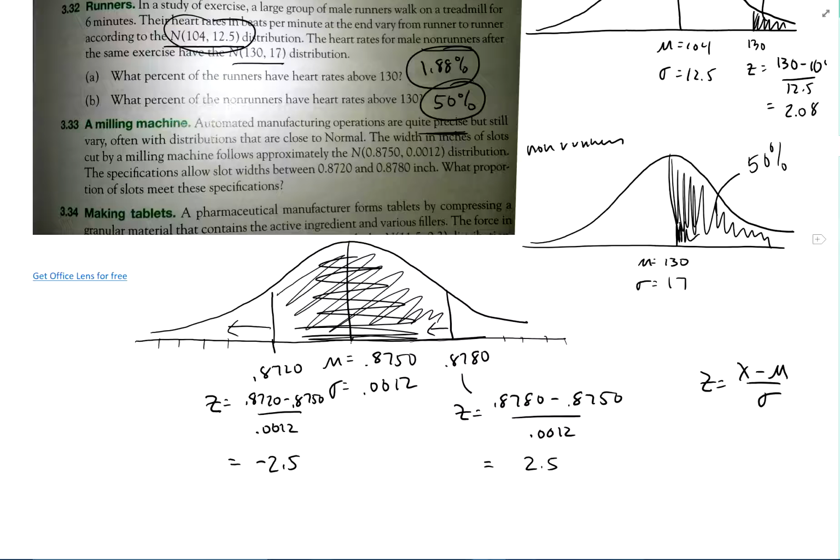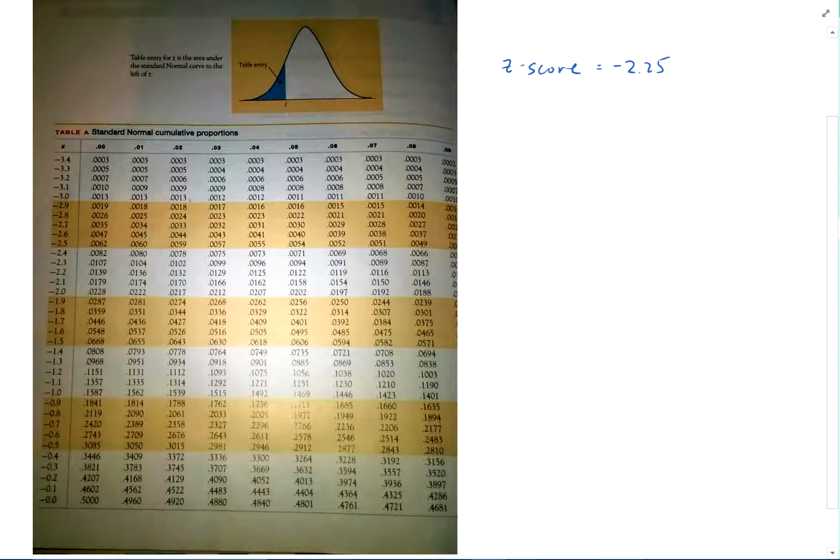So negative 2.50 is this guy right here, 0.62. Okay, so that's from an old problem there. So this is my z-score of negative 2.5, 0.62%.